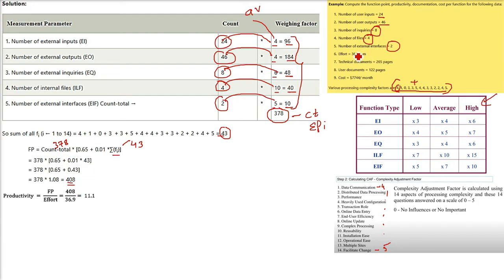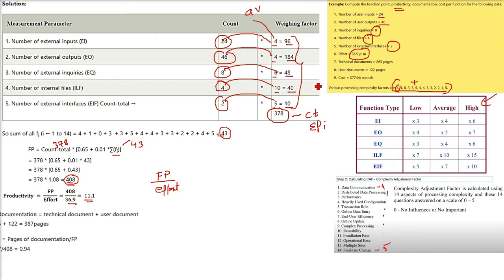Now you have to compute the productivity. Productivity is simply the function points divided by the effort. Function points are 408, effort is 36.9 person-months. Divide them, and what do you get? 11.1. So 11.1 is the productivity. Then the documentation.